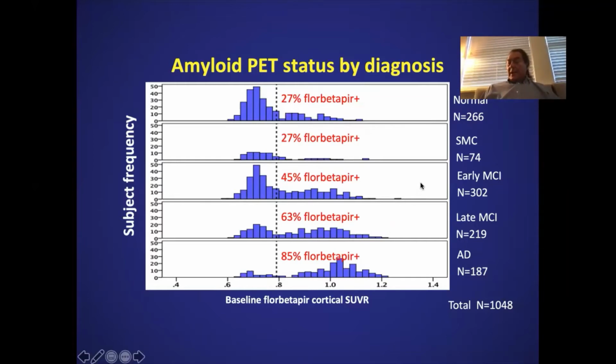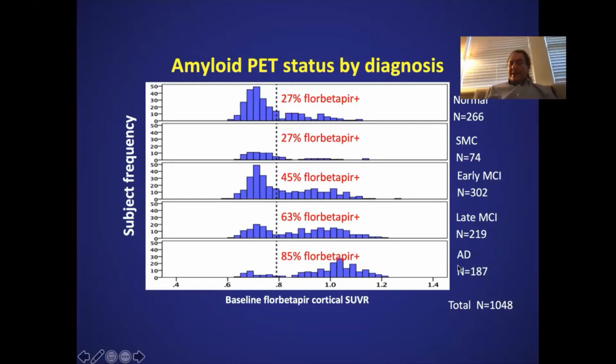In people with early MCI, only about 45% of them are positive with amyloid, and people with late MCI, about 60% are amyloid positive. But not everybody with MCI, even though it's amnestic MCI, is amyloid positive. So you're having a lot of MCI that seems to be caused by other causes, not Alzheimer's pathology.